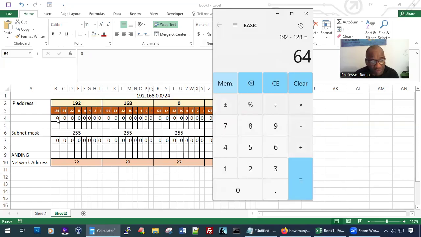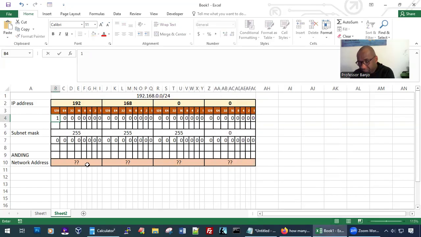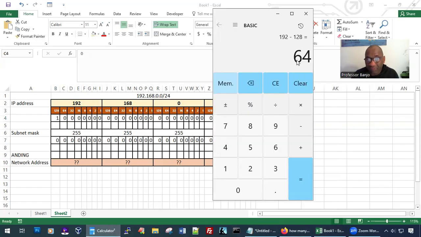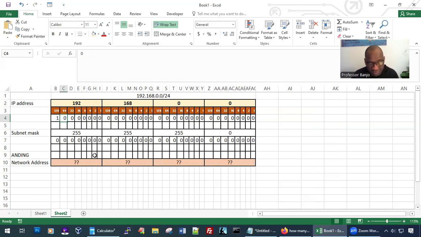You have 64. So you put a 1 here, and you have 64 left. So that gives us a 1, and every other thing is 0 because you've used up all the numbers. 128 plus 64 is 192. So everything else is 0.